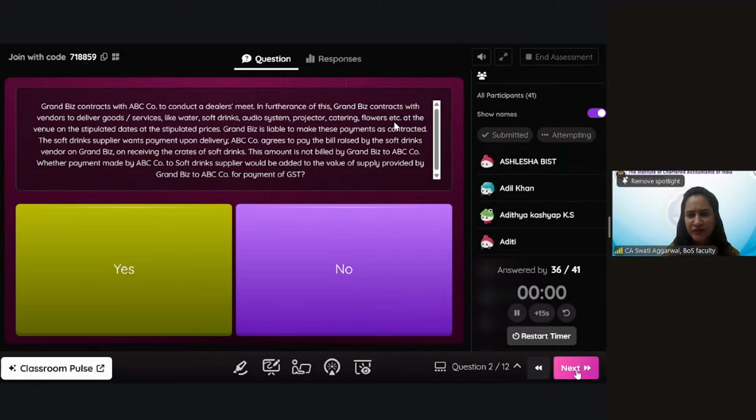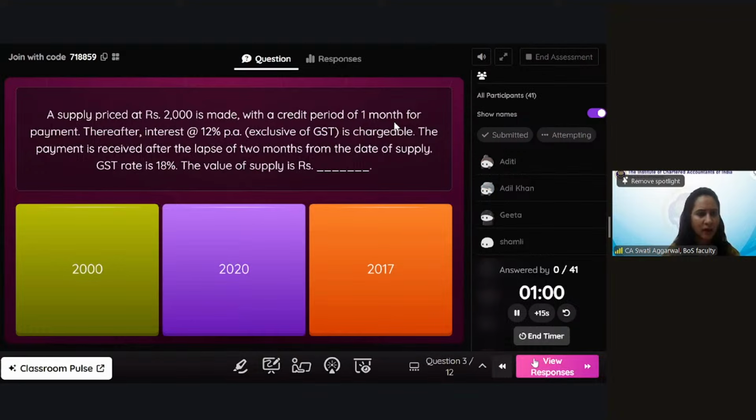So the next question is there on the screen. A supply priced at rupees 2,000 is made with a credit period of 1 month for payment. Thereafter, interest at 12% per annum, exclusive of GST, is chargeable. Payment is received after the lapse of 2 months from the date of supply. GST rate is 18%. So the value of supply is 2000, 2020 or 2017?